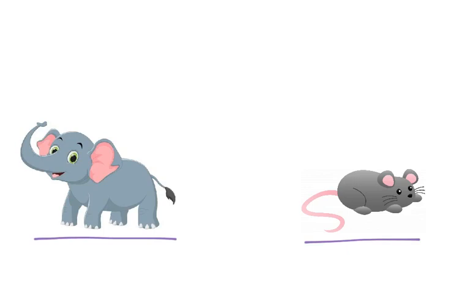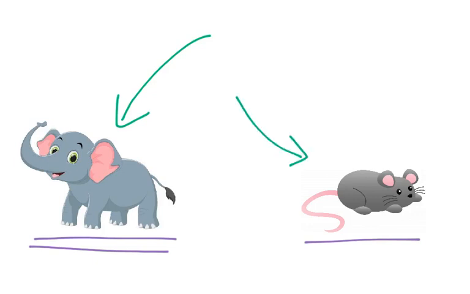Well done. So it's quite obvious that the elephant has more matter than the little mouse. Therefore, the mass of the elephant is heavier than the mass of the mouse.